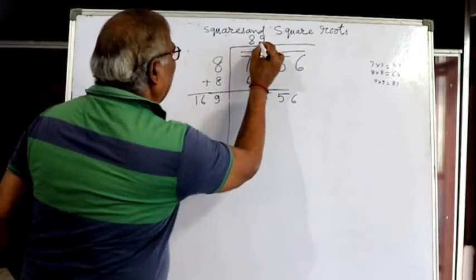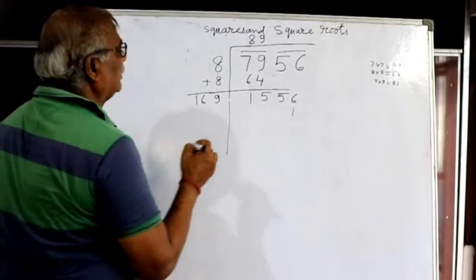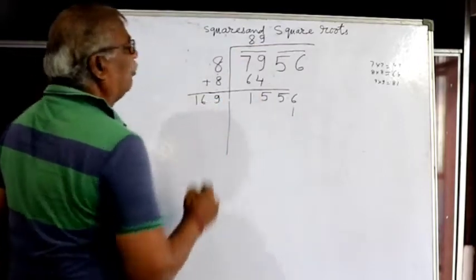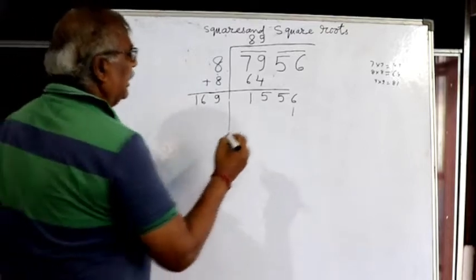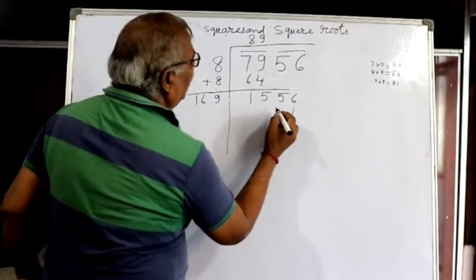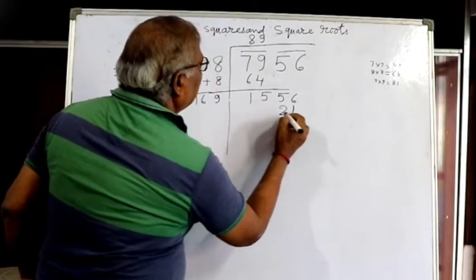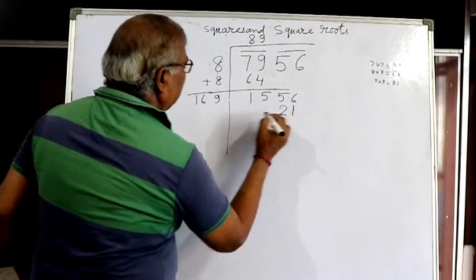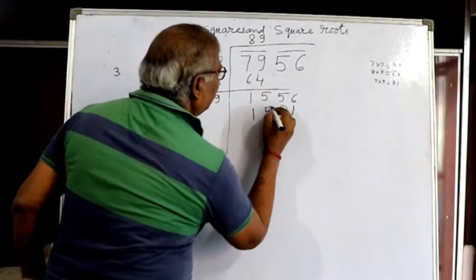Now you will multiply this. 9 9s are 81, carry 8, 9 6s are 54, 54 and 8 is 62. Write down 62, carry 6. 9 1s are 9, 9 and 6, 15.